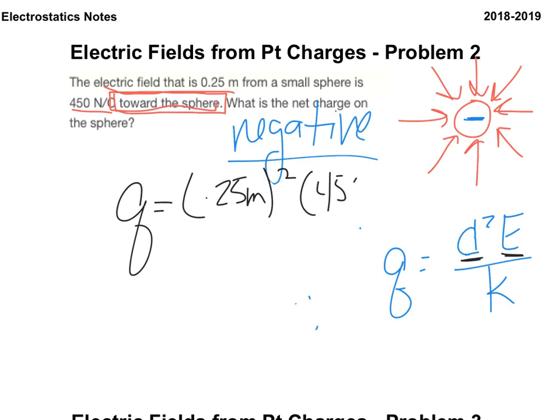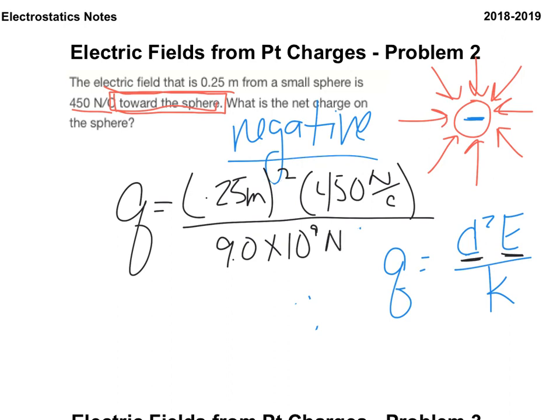That's 450 newtons per coulomb. All of that divided by K. K in this problem is 9 times 10 to the ninth newton meter squared per coulomb squared. It's a constant. It gets to be the same value every single time.